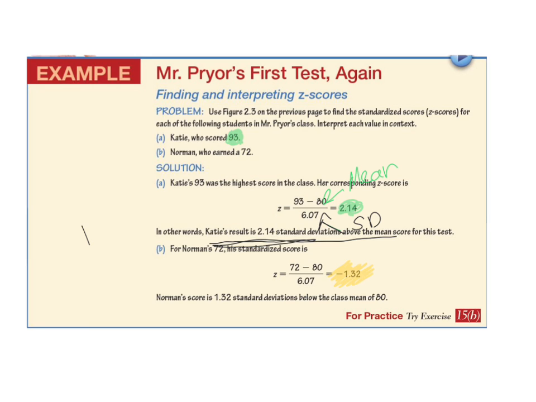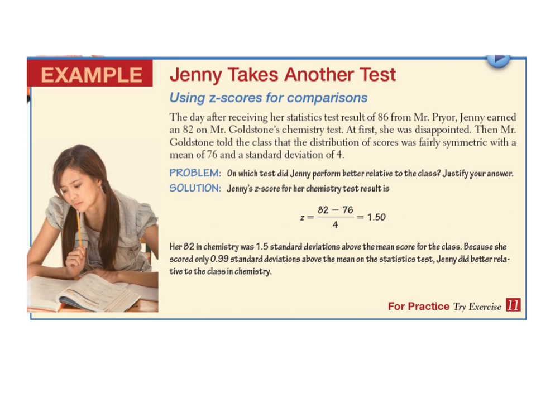Let's move on. Using z-score comparisons, we're looking at this example. We have Jenny from Mr. Pryor's class. Jenny scored an 86 on her AP Stats exam and an 82 on the chemistry test.